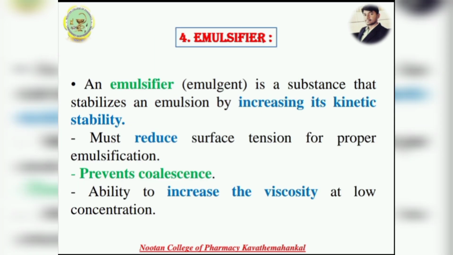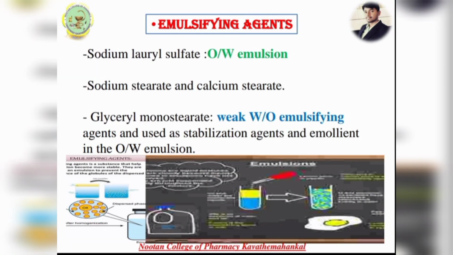The next one is the emulsifier. An emulsifier is a substance that stabilizes the emulsion by increasing its kinetic stability. It must reduce the surface tension for proper emulsification, prevent coalescence, and increase the viscosity at the lowest concentration. Emulsifying agents include sodium lauryl sulfate for O/W emulsion, sodium citrate and calcium citrate.